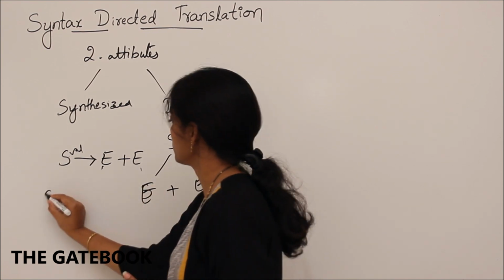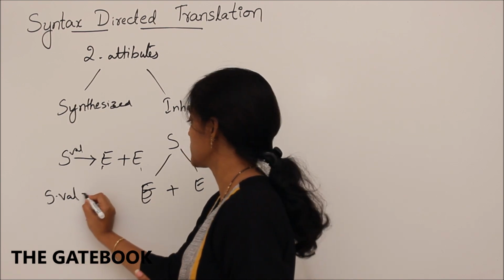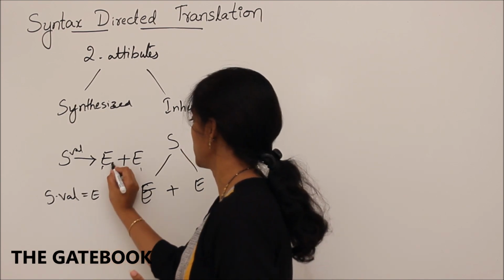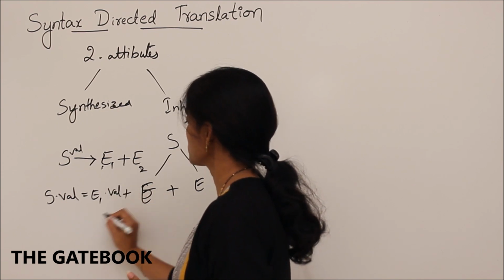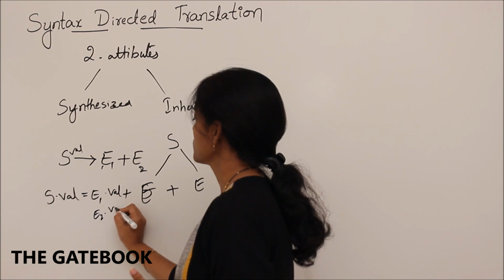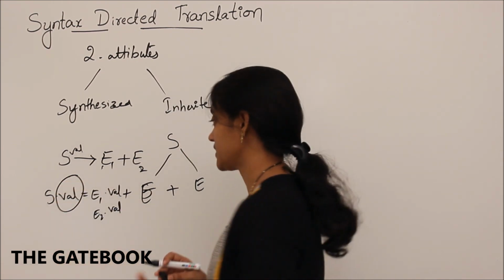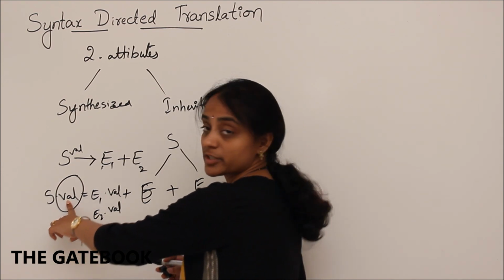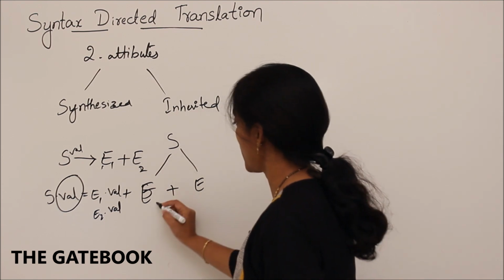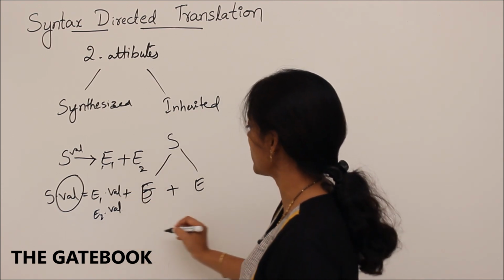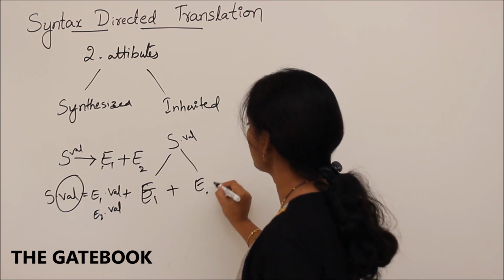Here the definition will be like this: S dot value is nothing but, let's assume this is E1 and E2, E1 dot value plus E2 dot value. I am just taking an example and my attribute here is value. To compute this attribute value, I need to know the E1 value and the E2 value. So the S value depends on E1 and E2.